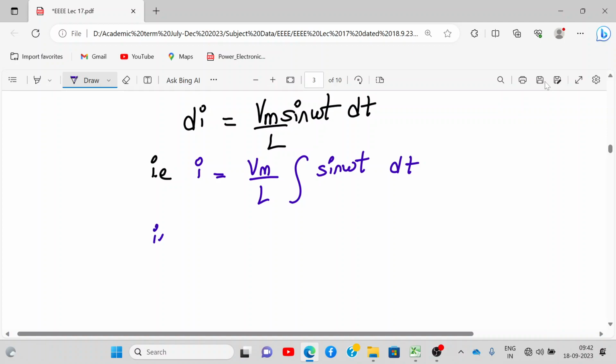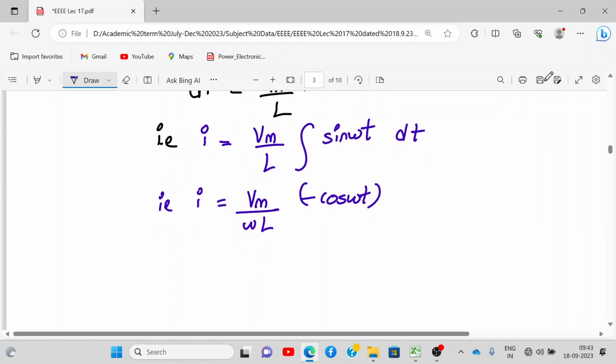Now, what is I given by? Vm upon L, times the integral of sine omega t, which is minus cos omega t, upon omega. So minus cos omega t upon omega L. Got it? Can I write minus cos theta as sine of theta minus pi by 2? So I'll write it in the same fashion.